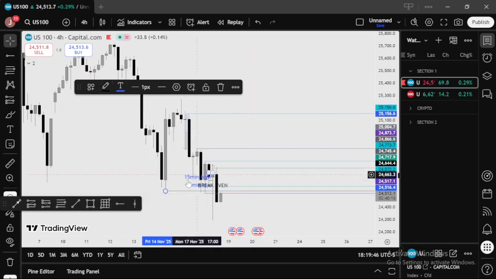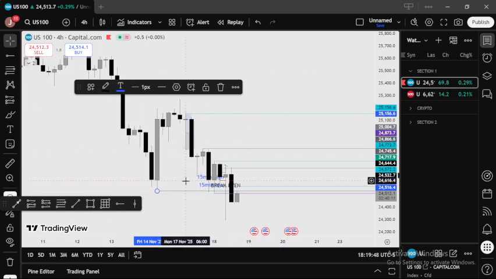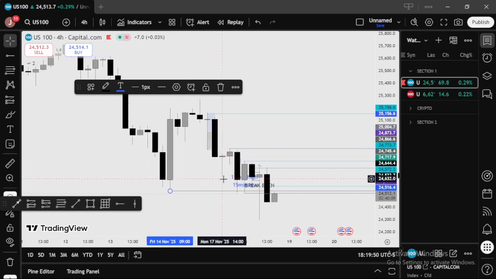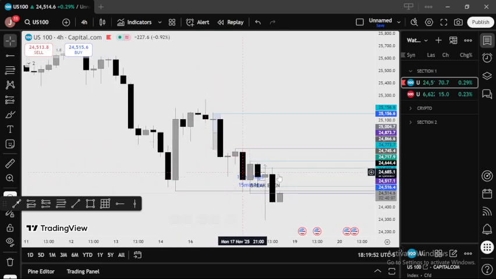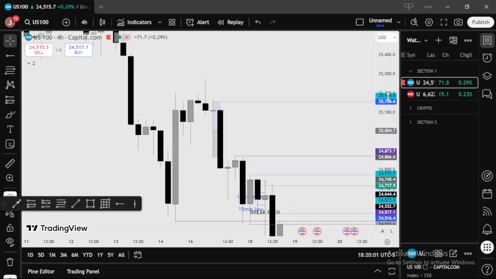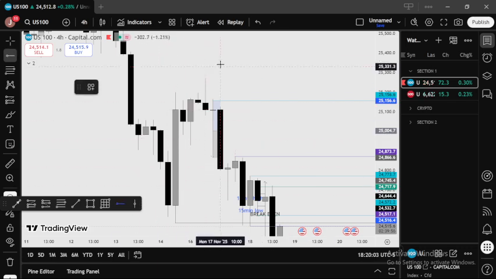The 4 hour low was this, and by the way, just forget everything that you see in this side and just focus on here. So my draws on liquidity was this 4 hour low, as well as this 4 hour high, specifically on the 4 hour time frame.